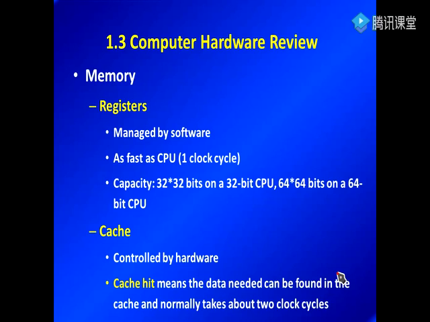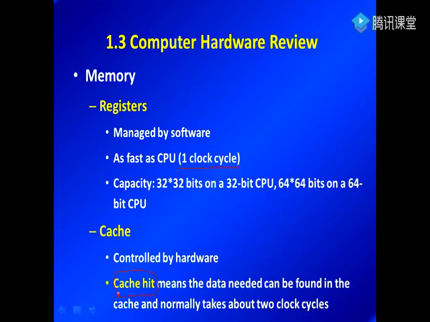So registers is very fast. It can get the data in one clock cycle, and cache is very fast too, but it can provide more capacity than registers.